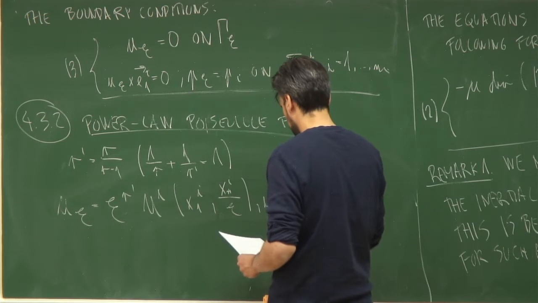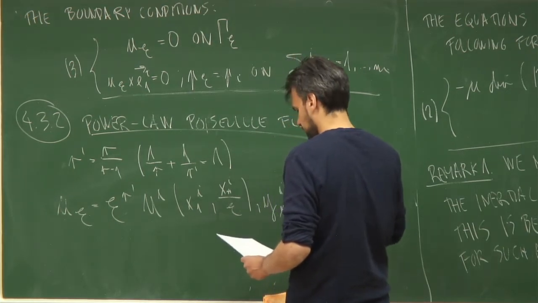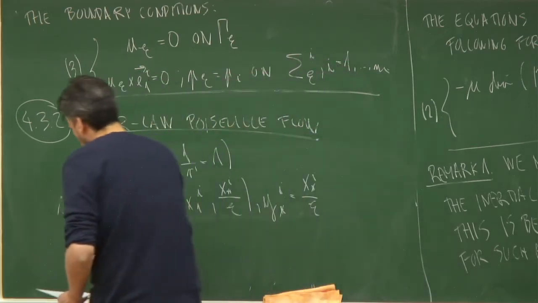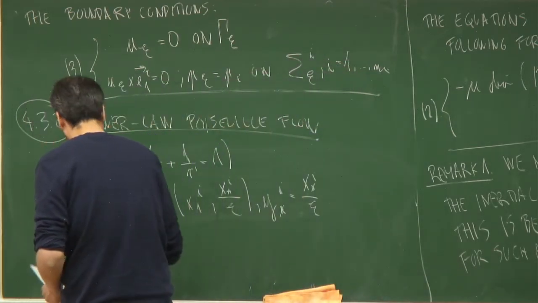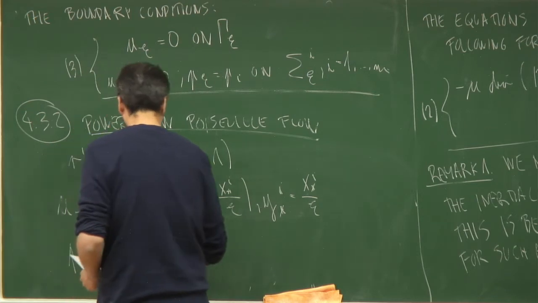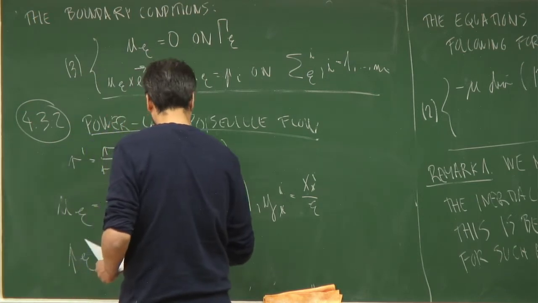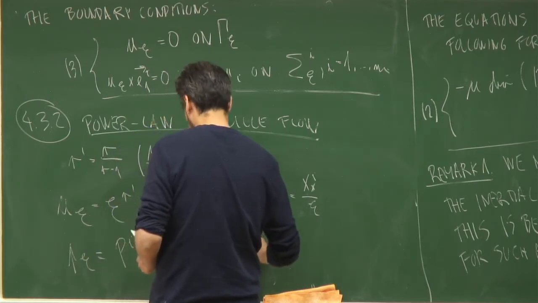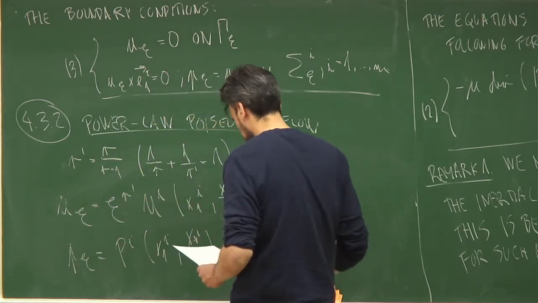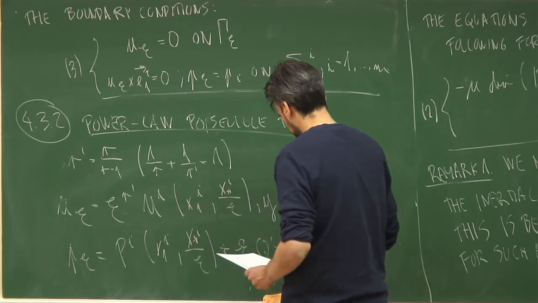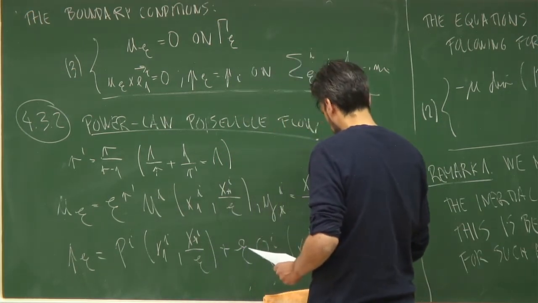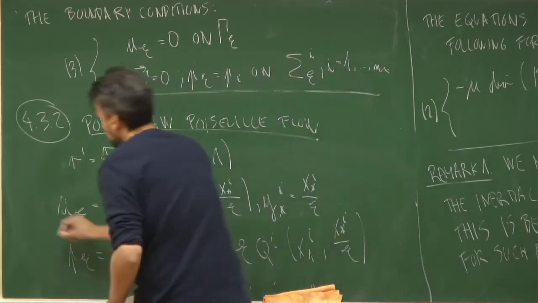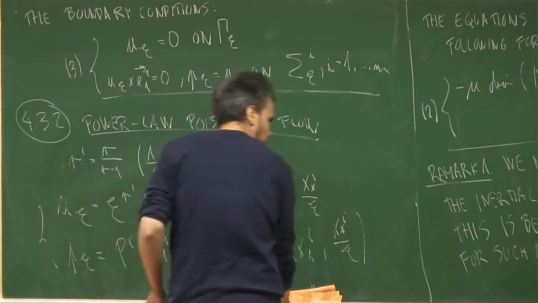And we will introduce this, of course, y star I. And you have P epsilon, which is Pi x1I, x star I over epsilon plus epsilon Qi x1I. Okay.